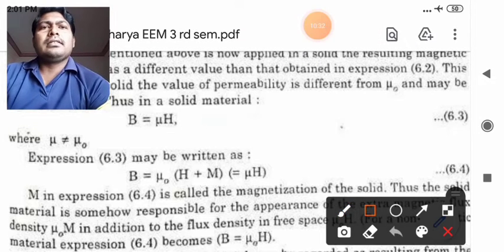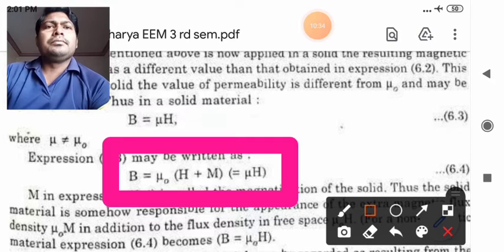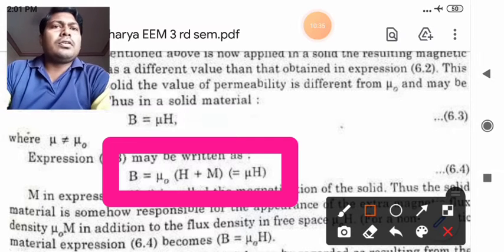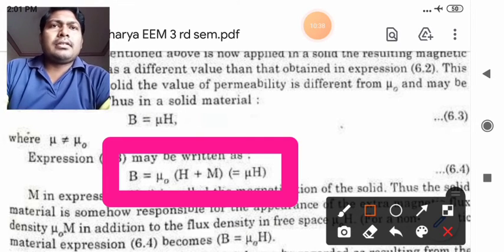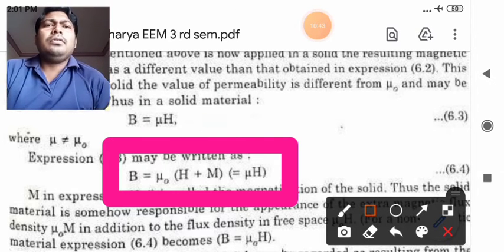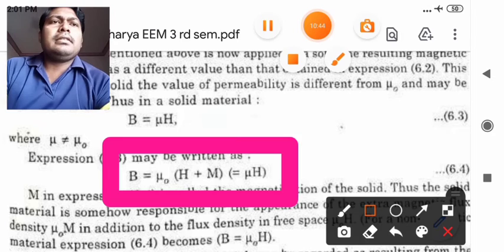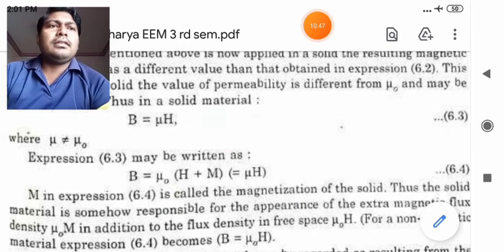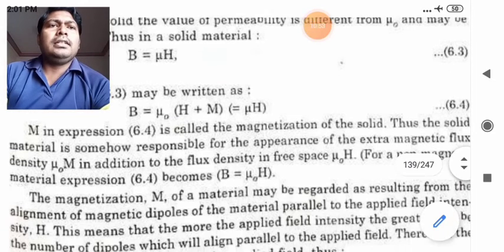So this is the relation, students. You have to remember this one. B is equal to mu naught into H plus capital M, which can also be written as equal to mu into H. M expressed in equation 6.4 is called the magnetization of the solid.